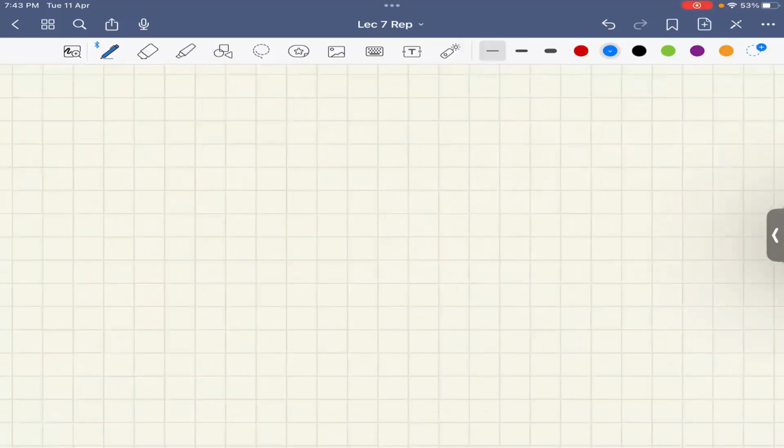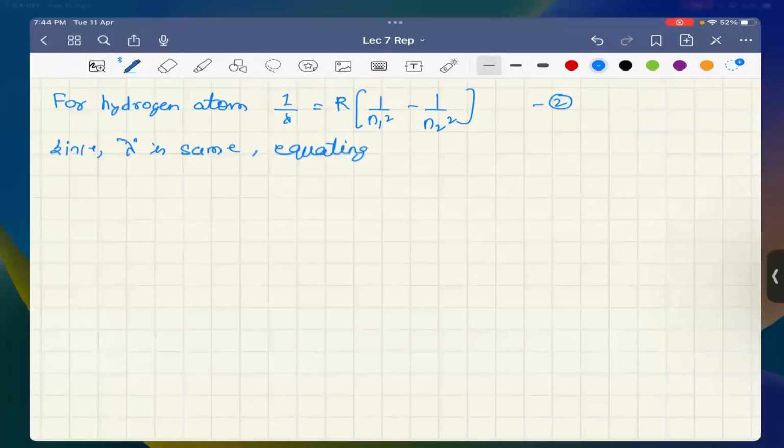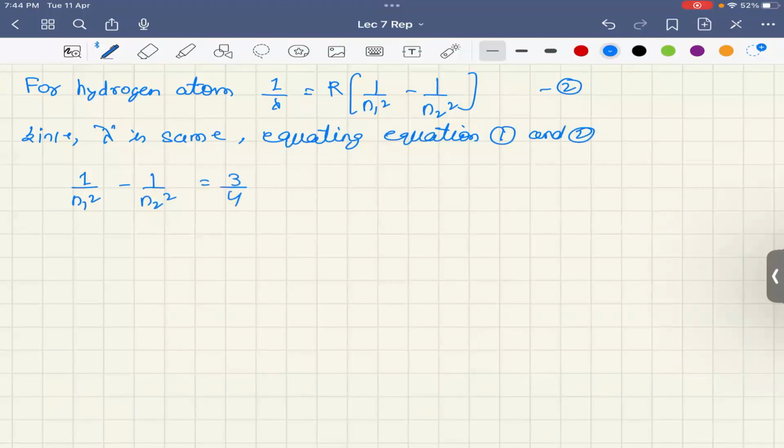So for the hydrogen atom, we have 1 by lambda is R into 1 by n1 square minus 1 by n2 square, right? Since this is expression 2, and since lambda is the same, we are going to equate equation 1 and 2, and hence what we get is 1 by n1 square minus 1 by n2 square is going to be 3 by 4, right?